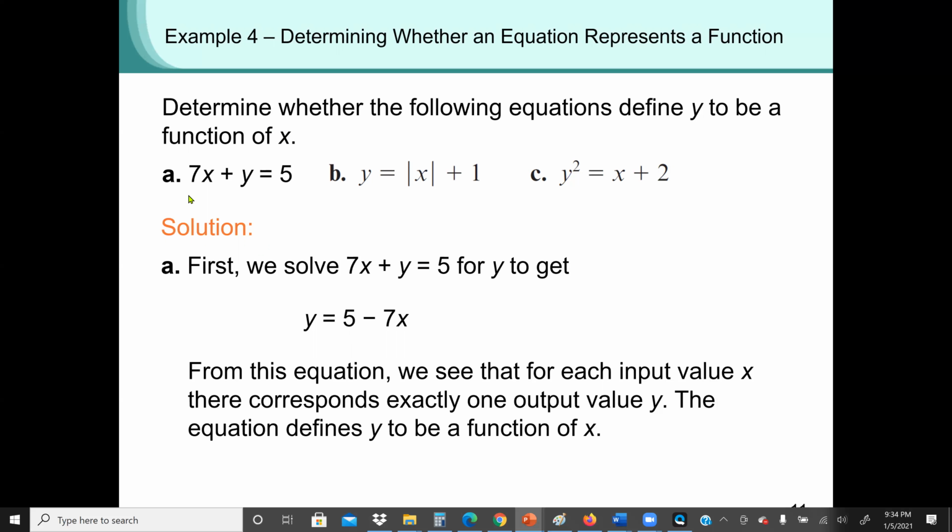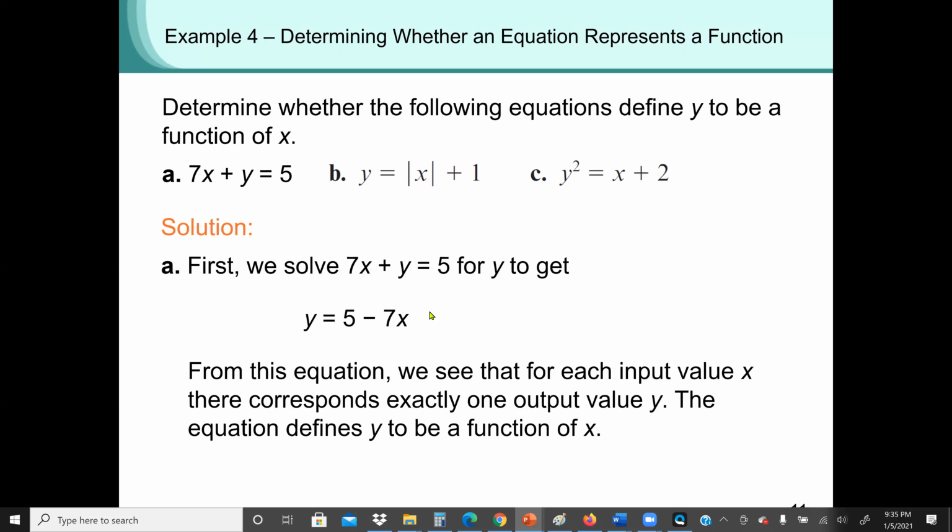So we start with 7x plus y equal to 5. Now, if I'm looking for y, remember y is our range or the dependent variable. So when we do transformation of a formula here, we send positive 7x across the equal sign, it becomes minus 7x. So here we have y equal to 5 minus 7x.